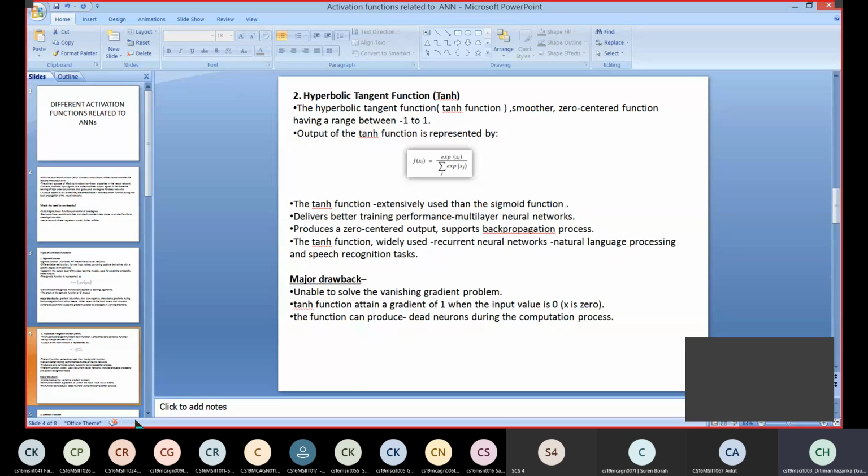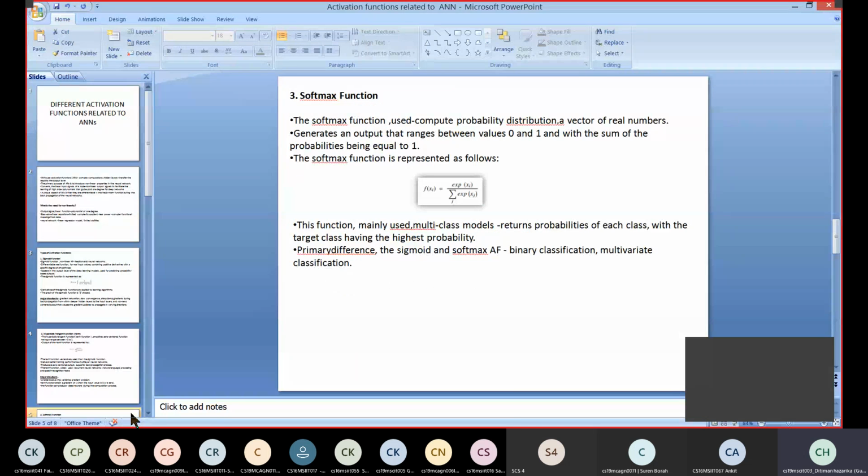Moving on to the next activation function, that is the SOFTMAX function. The SOFTMAX function is used to compute probability distribution from a vector of real numbers. It generates an output that ranges between the values 0 and 1, with the sum of the probabilities being equal to 1. The SOFTMAX function is represented as follows. It is given by f(xi) = exponential xi divided by summation of exponential xj.